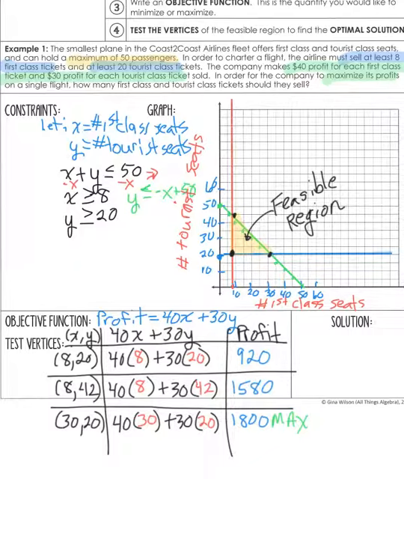So you remember we've got airline tickets. So that airline is going to maximize their profit at $1,800 if they sell, remember x is your first class, 30 first class tickets and 20 tourist class tickets. So we have to write that in an actual sentence. So here we go.